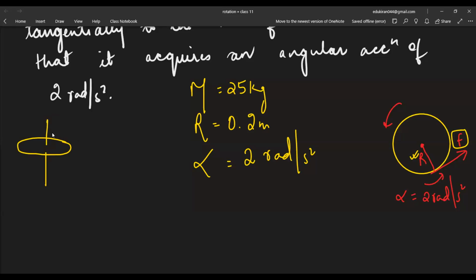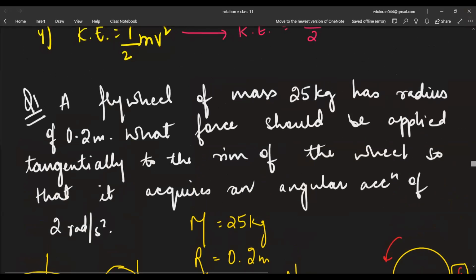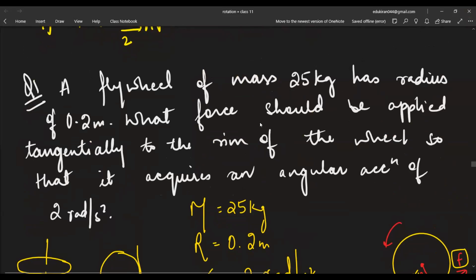One is this case where the axis is passing perpendicular, and one is this case where the diameter is the axis. So which case should we see? When nothing is mentioned, use case one, because we don't know where the axis is taken. We just know that force should be applied tangentially and nothing else.